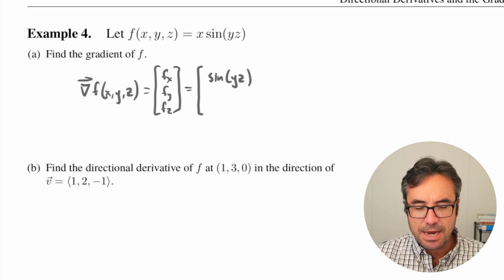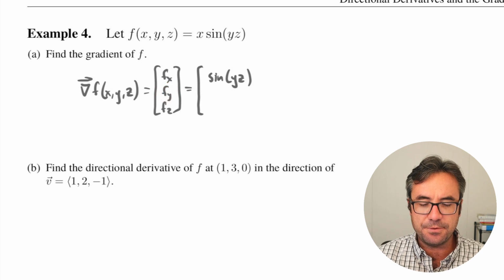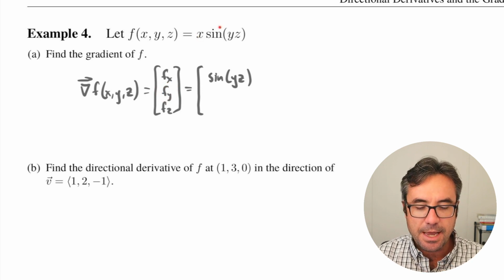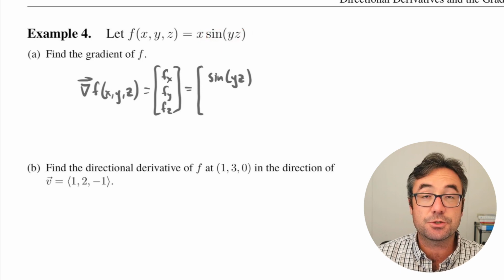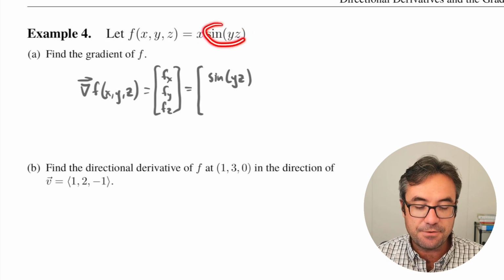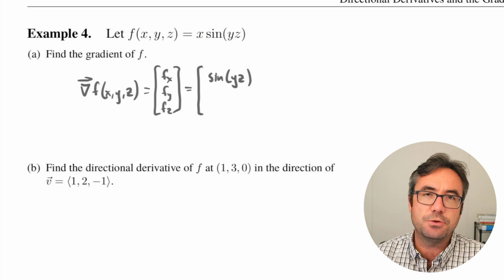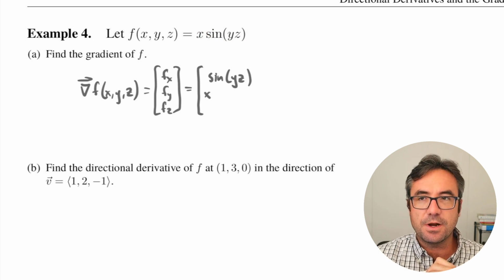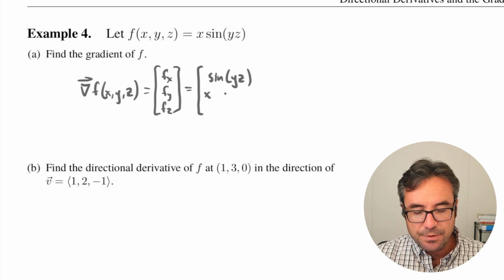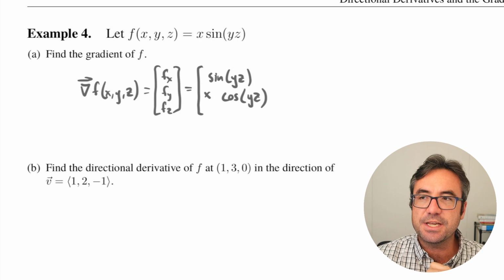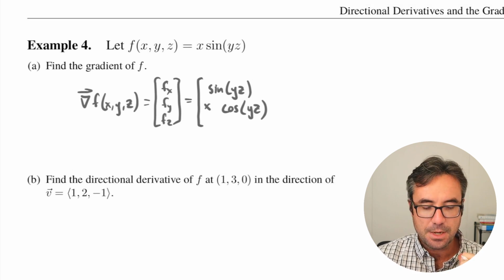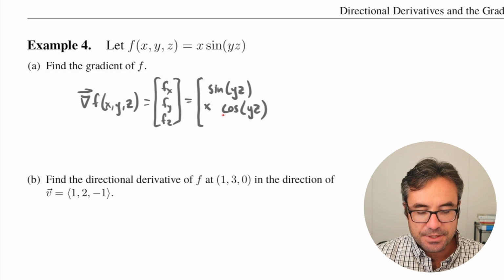All right, so now we get to our y partial derivative. Here the x is a constant multiple, and we see a y in this trig term, so we're going to have to differentiate our way through that trig term using the chain rule. First of all, the x is going to stay in front. The derivative of sine is cosine. We keep the inner function exactly the same, so that's going to stay y times z.